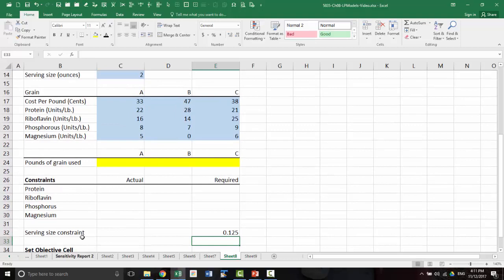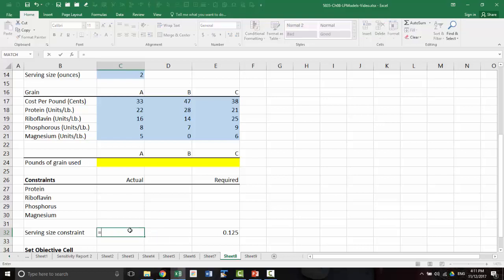Your serving size must be 0.125 pounds. So when you sum the pounds of A, pounds of B, and pounds of C, that should be what? Less than or equal to or greater than or equal to? Well, actually, we want it to be exactly equal to the serving size here. It cannot be more and it cannot be less.